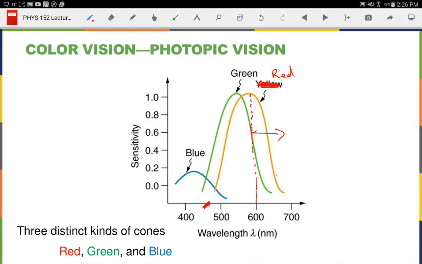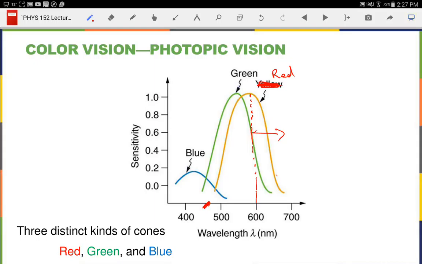But its strength of response is much stronger in yellow than anywhere else. And if you're in red, it's going to be basically the only thing that responds to red, which once again is why we call it the red cone usually. The green one has the strongest response in green, and the blue one has its strongest response in blue.